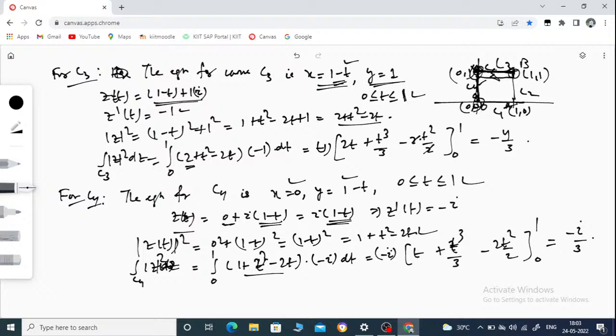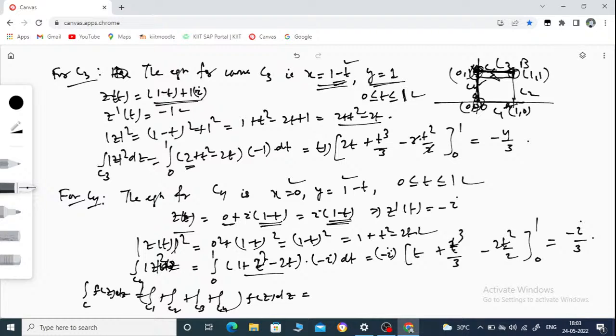So now individually we calculated the integration over C1, C2, C3, C4, and you know C is C1 plus C2 plus C3 plus C4. So the integration over C of f of z dz is equal to the integration over C1 plus C2 plus C3 plus C4, and individually we calculated these.